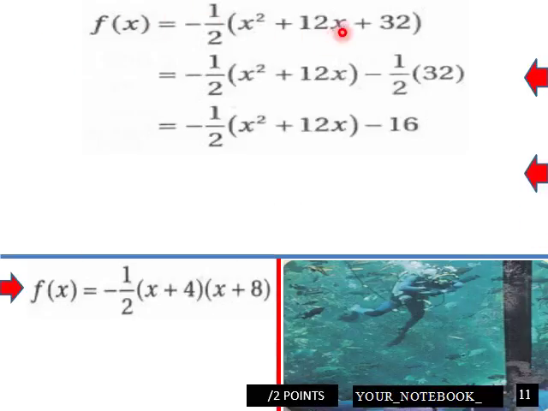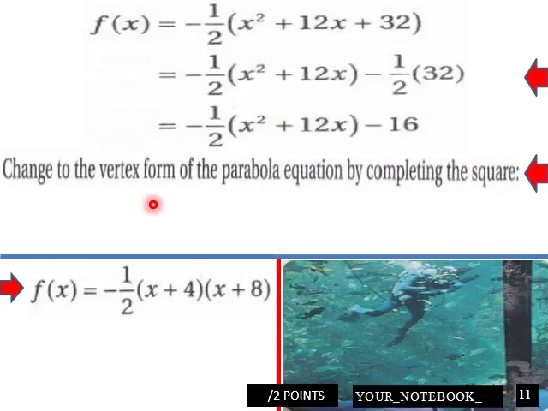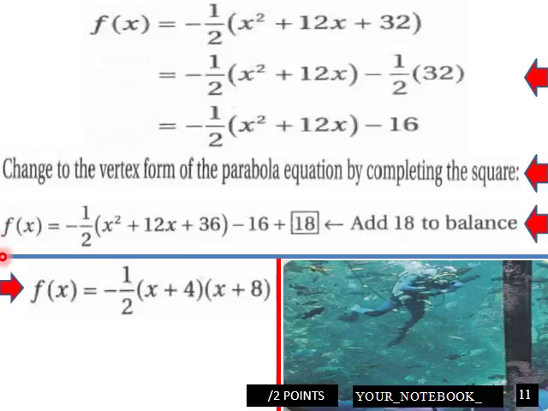So we have this function here, negative 1/2, multiplying by this trinomial. Then we factor out negative 1/2, x squared plus 12x minus 32. We get this here, then change to vertex form of the parabola equation by completing the square. So we take 1/2 of 12 and square it.